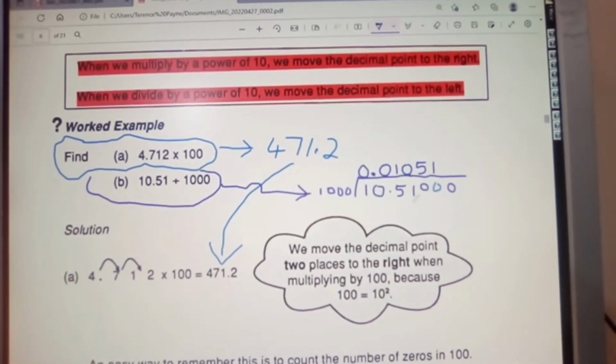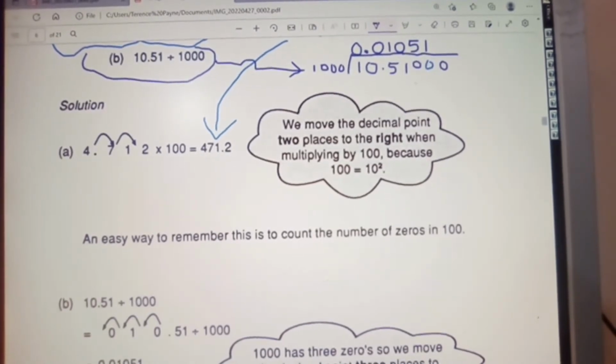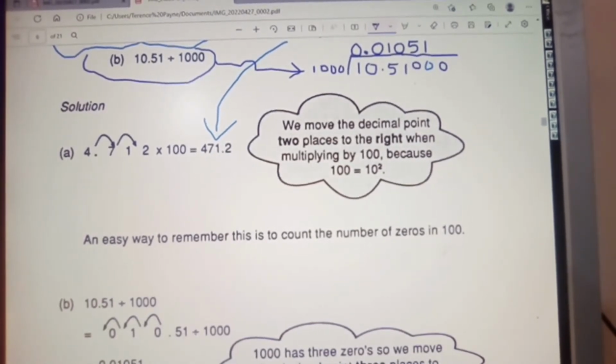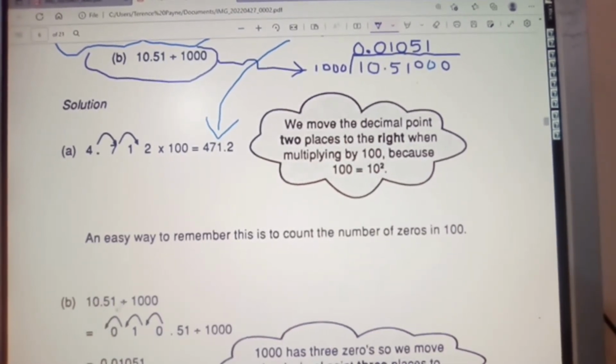Now let's just look at what we've done down here as well. An easy way to remember this is to count the number of zeros in 1,000. And here we have 10.51 divided by 1,000, which is equal to 0.10.51.